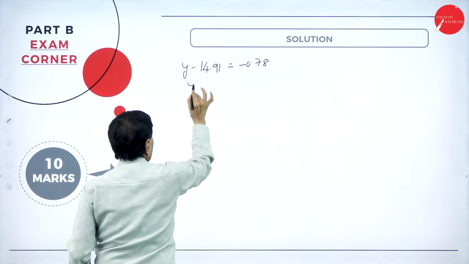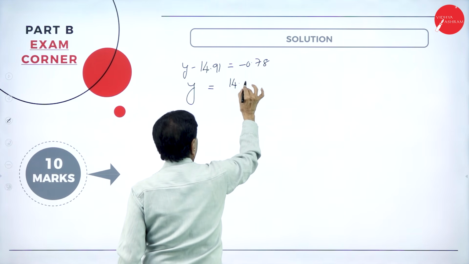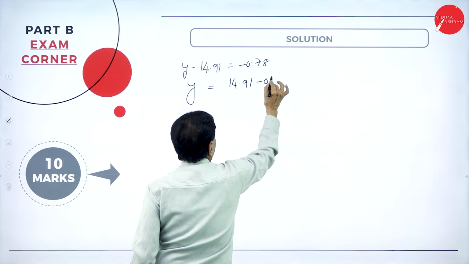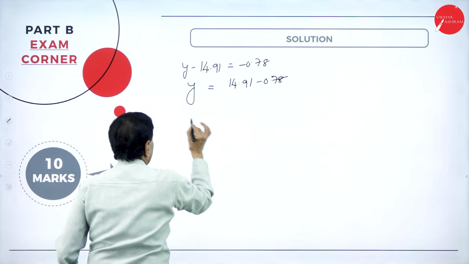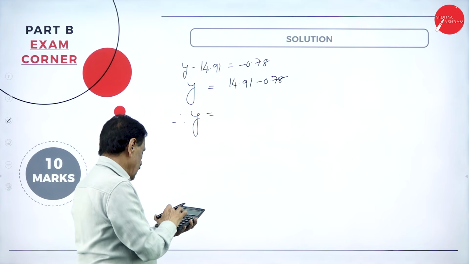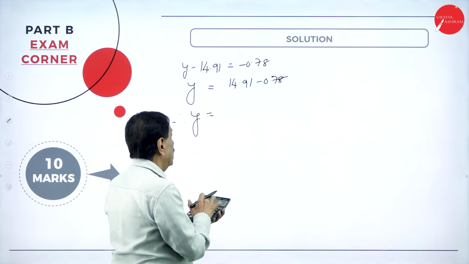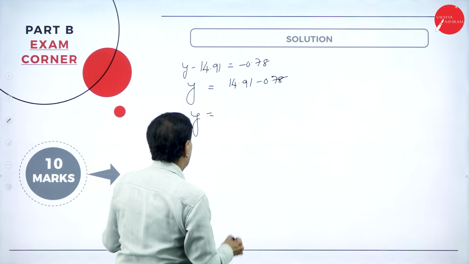So y is equal to, you take this one, 14.91 minus 0.78. Therefore, y is equal to 14.13.